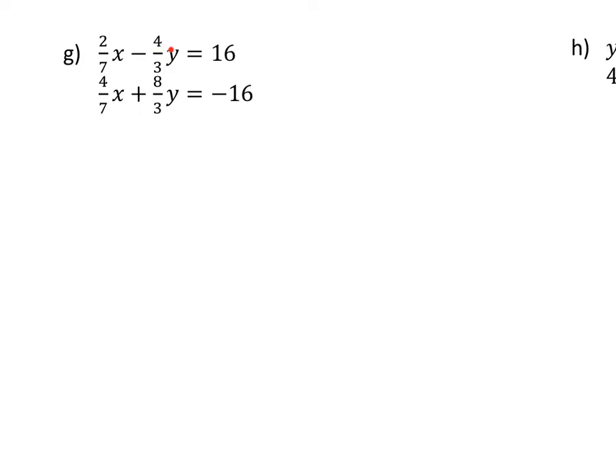Well, to make 4/3 become 8/3, I can multiply 4/3 by 2. So I'm going to take my numerator and multiply it by 2. When we do that, we get 4/7 x minus 8/3 y equals 32.